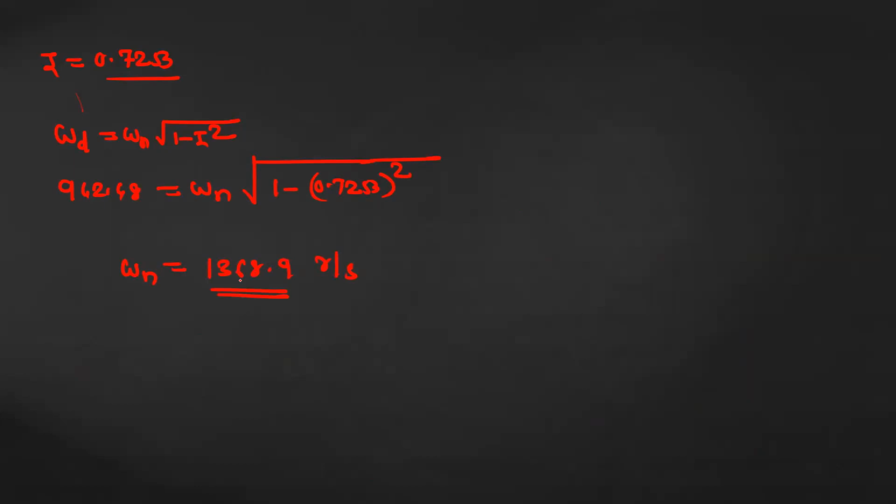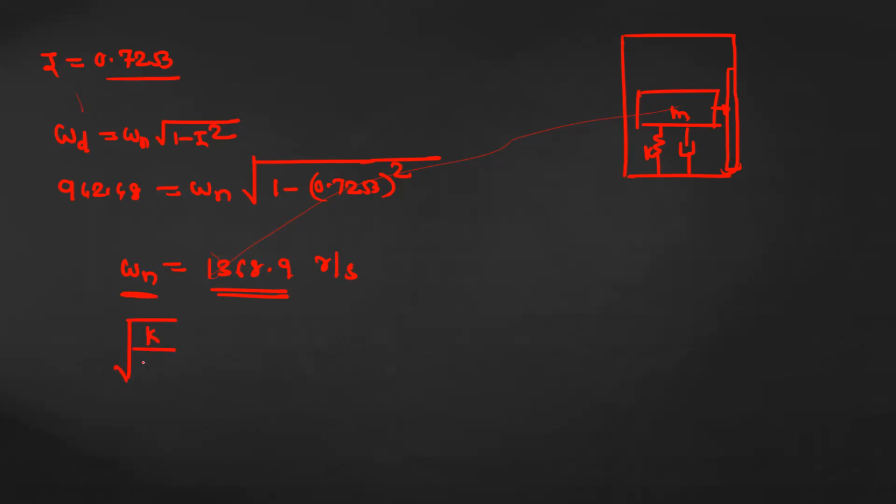Now here we have to find out the stiffness for that vibrometer. So this vibrometer mass is mounted on a spring and damper. So this spring stiffness we can find out by this formula. Omega n is nothing but square root k upon m. So this is equal to 1368.9 radian per second. Mass is given, so refer to the first line of the problem. Mass is 0.01 kg.